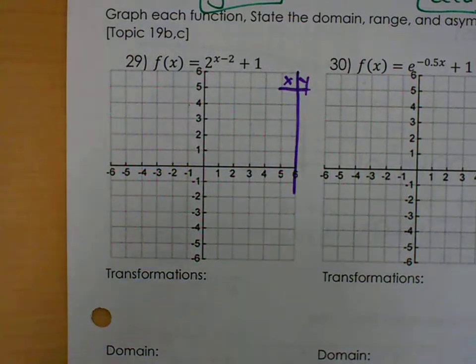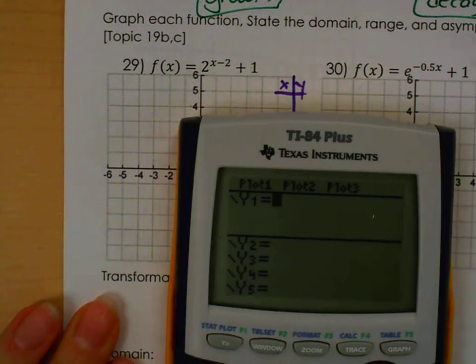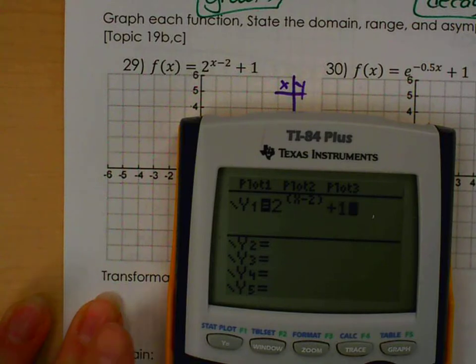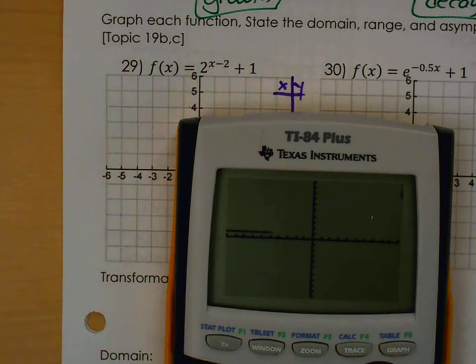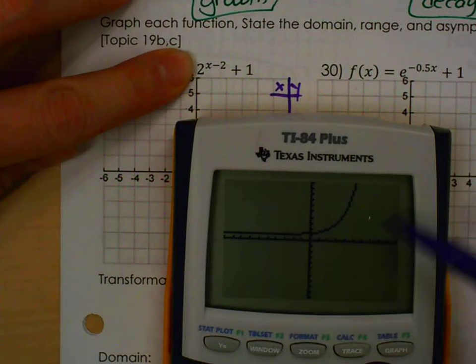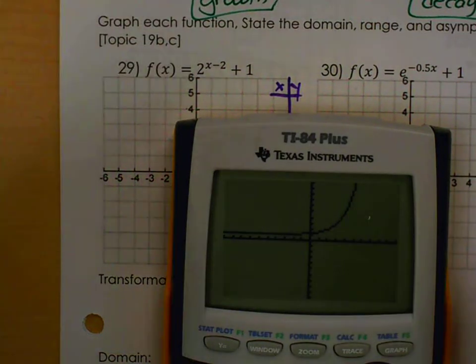So I'm going to go to y equals on my calculator, put 2 to the x minus 2 plus 1. Now this one should be growth because my base is more than 1. So I look at this and yes, it's growth.